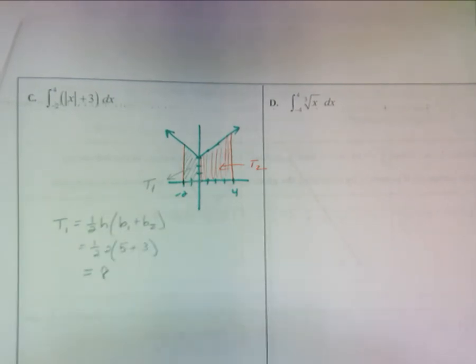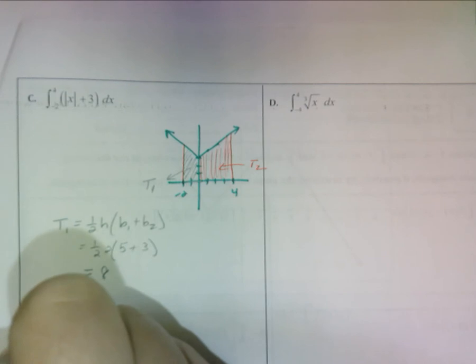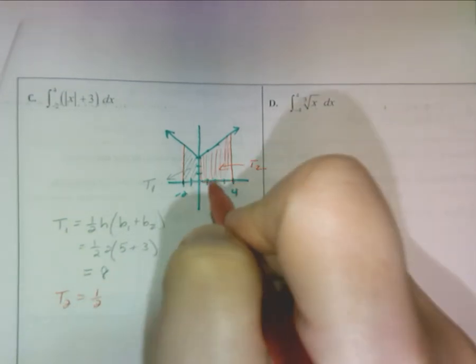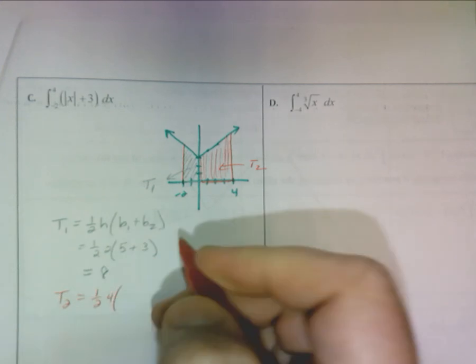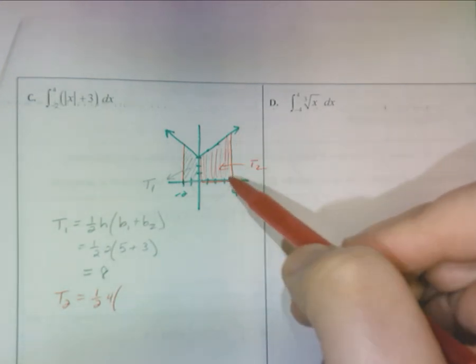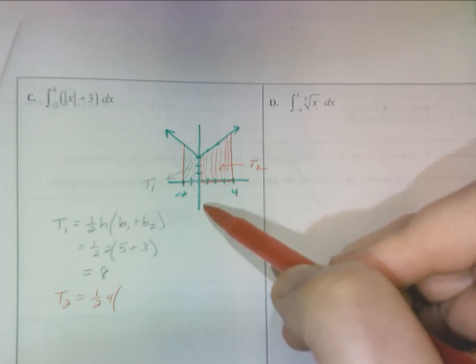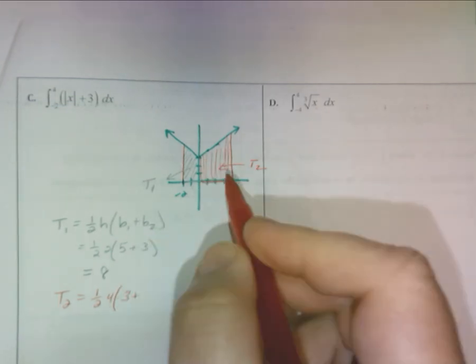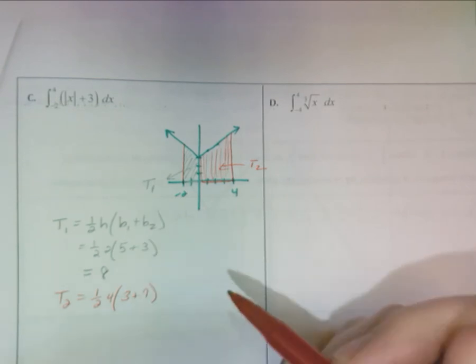And then this trapezoid right here would be half of a height of 4 times base 1 would be, you could do 3 plus base 2 would be 7.